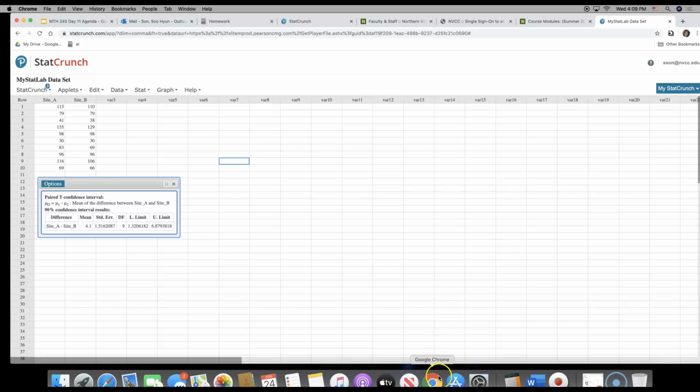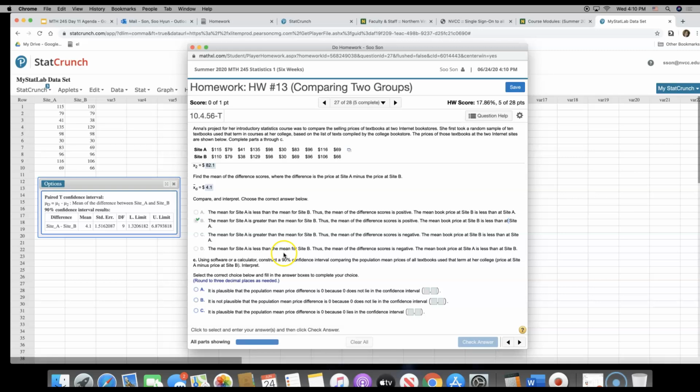So it is plausible that the mean price difference is 0 is wrong, and C is also wrong. It is not plausible that the population mean price difference is 0, because 0 does not lie in the confidence interval. When I created this confidence interval, guys, 0 is not in it. 0 is to the left of my lower limit.